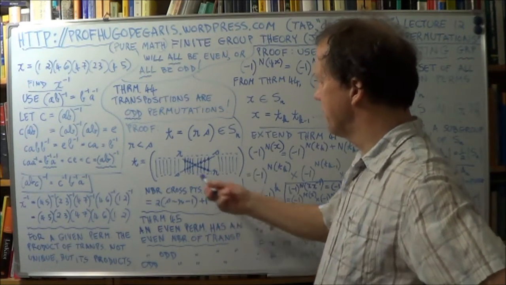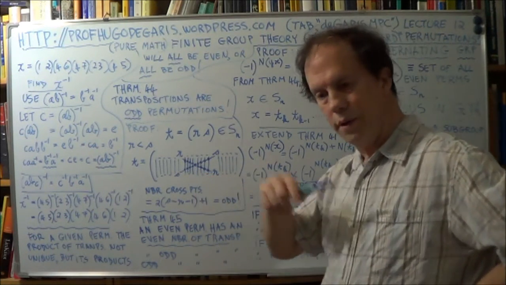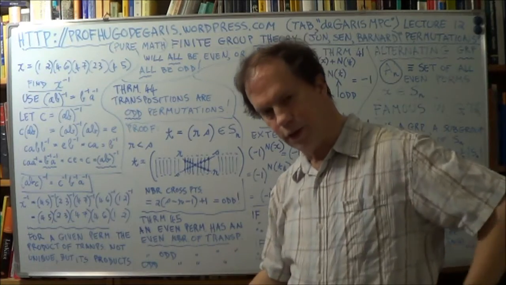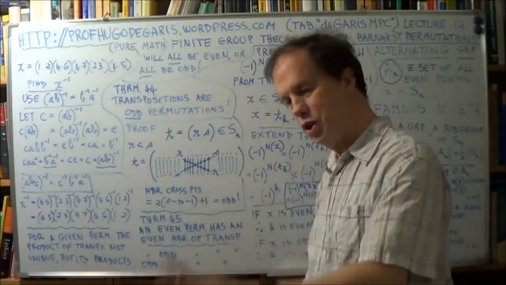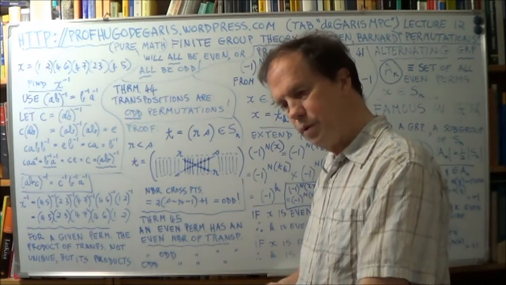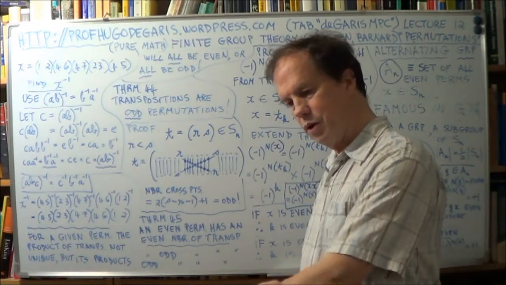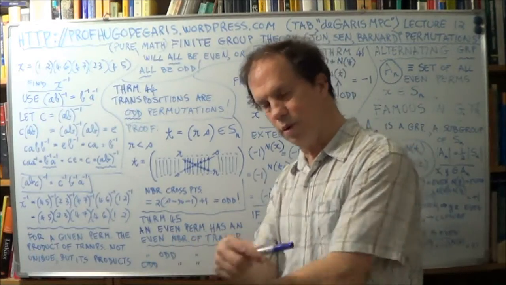Now if the number of cross points is odd, the number of reverse pairs is odd, because we did a theorem showing those two are the same number. For each reversal you get one cross point. One cross point, one reversal. It's sort of one to one.